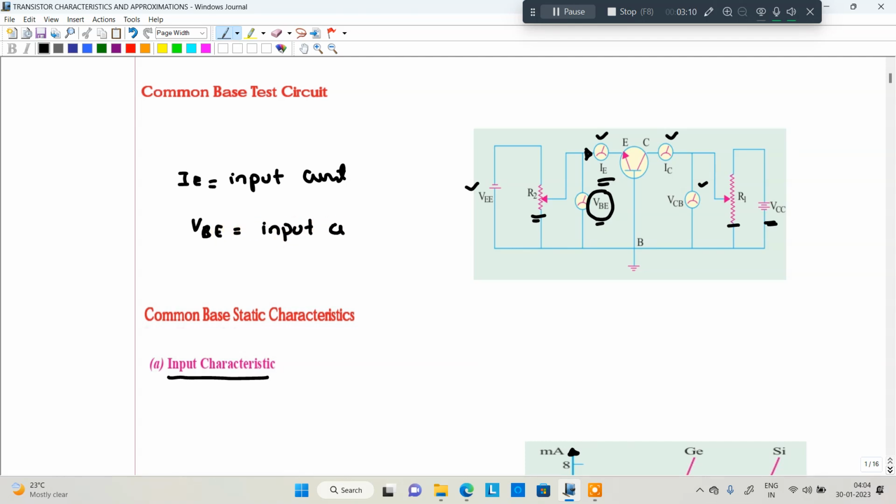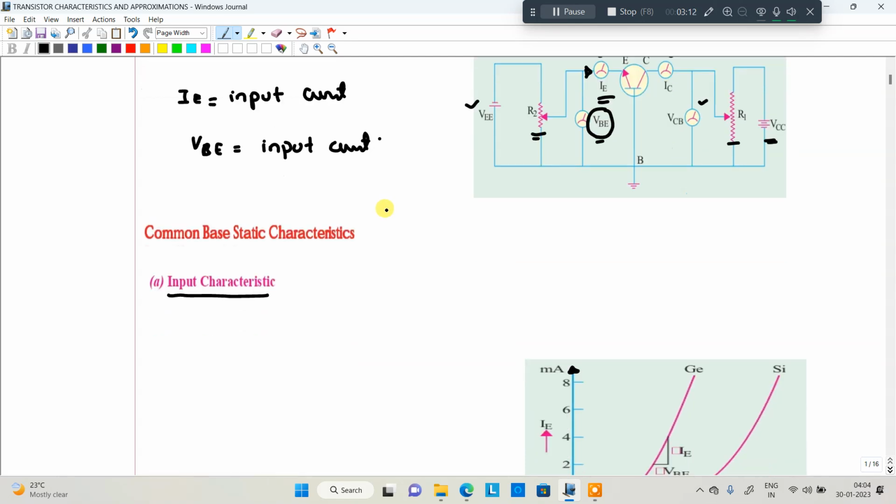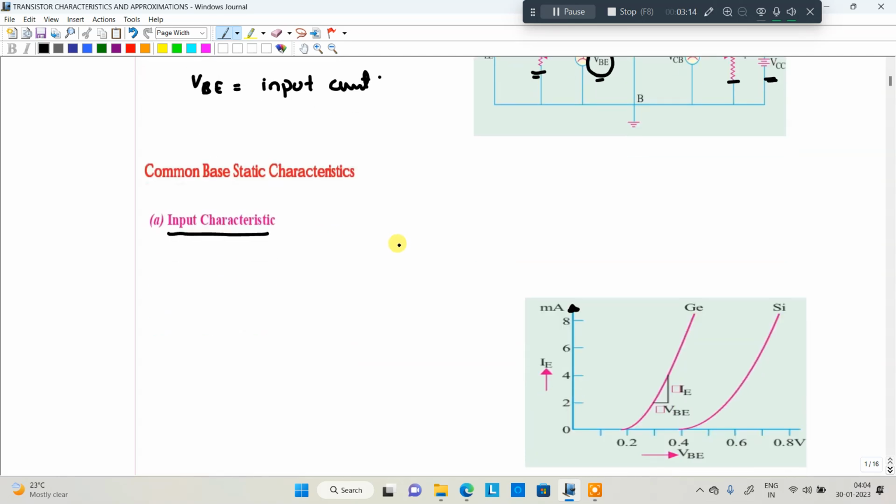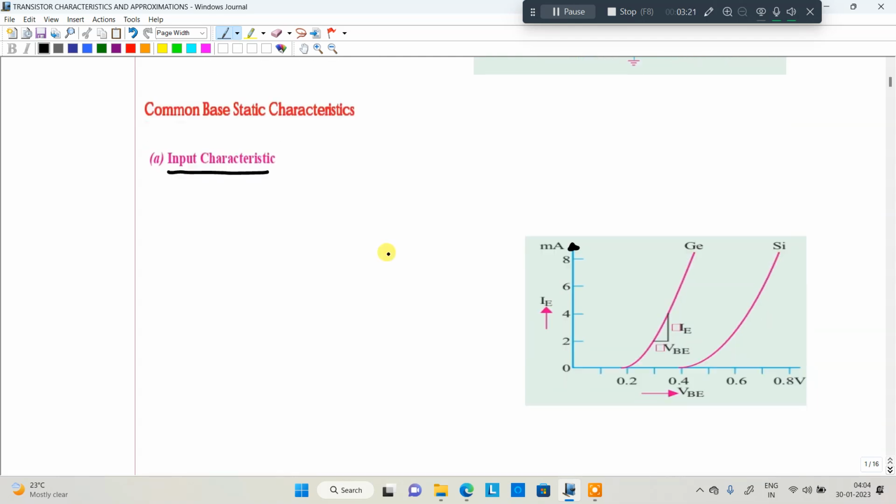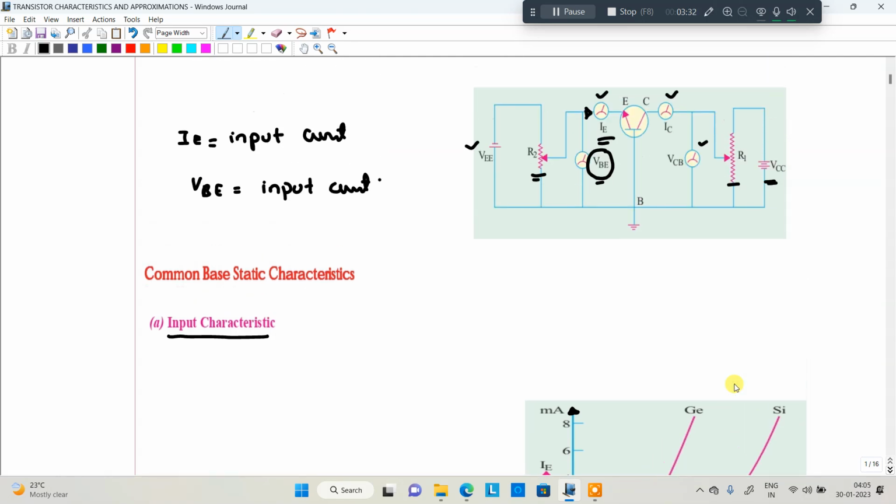So the question you may expect is: in the case of common base, the input characteristics are drawn between what? Between the emitter current IE and VBE, the voltage across the base and emitter, that is, input current versus input voltage. The input terminals are emitter and base of the transistor, here an NPN transistor.